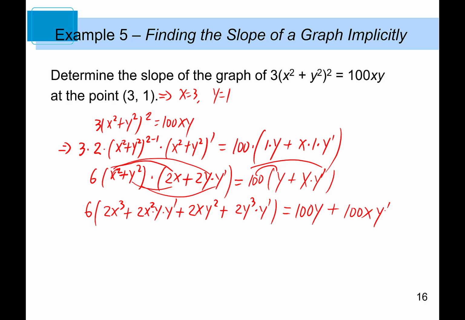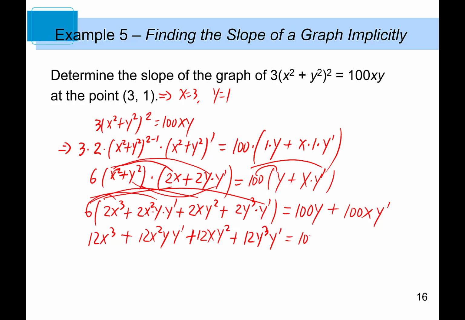Next step is still distributing. We have 12x cubed plus 12x squared y y prime plus, 6 times 2 is 12, right? 12xy squared and plus 12y cubed y prime equals 100y plus 100xy prime.